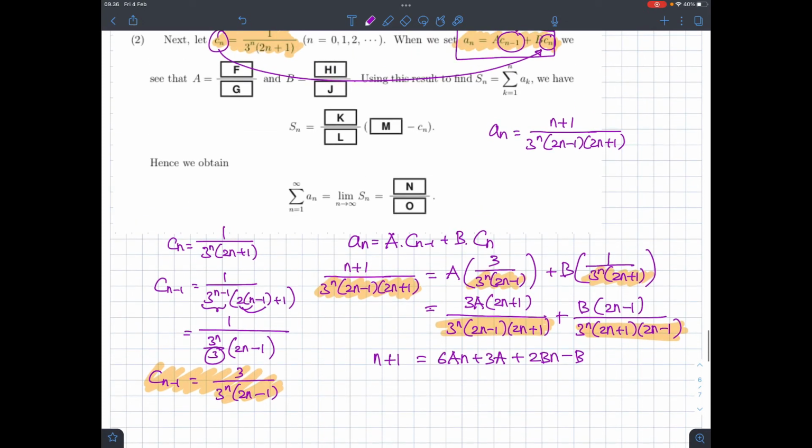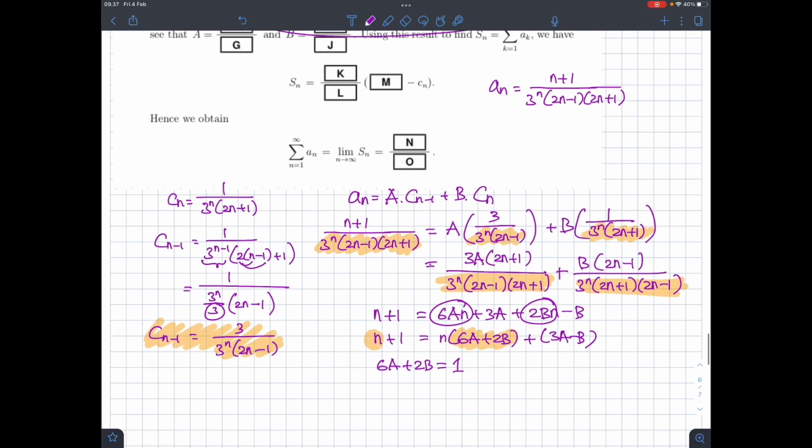From here, I make a group of n, 6a plus 2b, and the group without n. The coefficient on the left is 1, and on the right hand side it is 6a plus 2b. So we got 6a plus 2b equals 1.